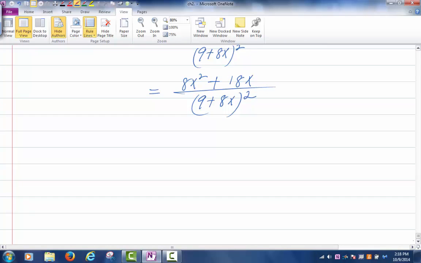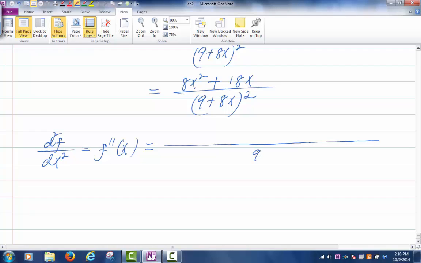Okay, now how do I find the second derivative? The second derivative, d2f over dx2, that's f double prime of x. What is that? Well, we still have to apply the quotient rule.